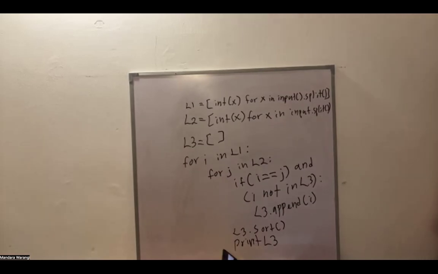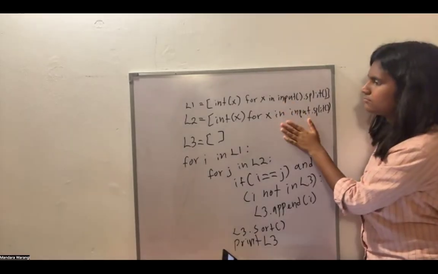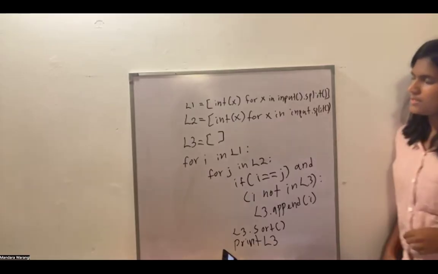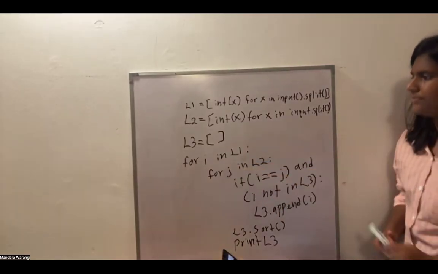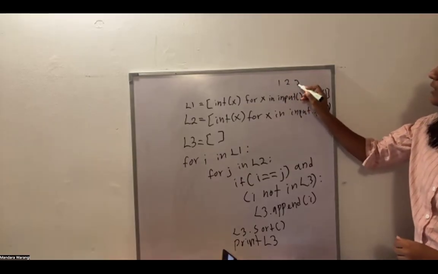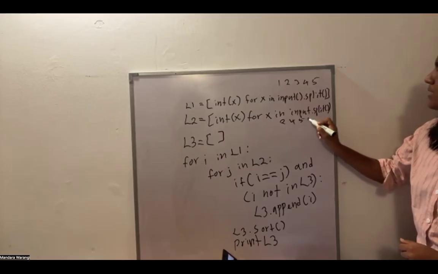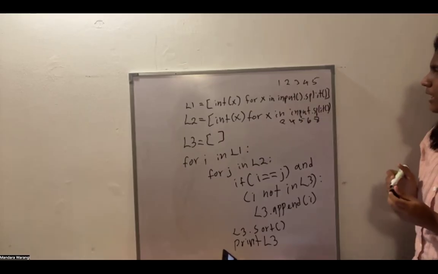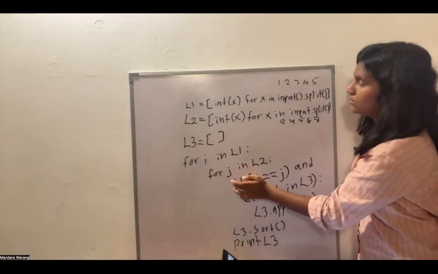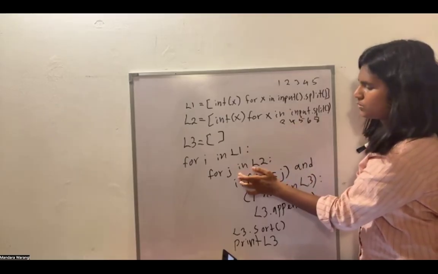First, what you must do is take these two lists. After taking these two lists, we must check the first elements. Say L1 has 1, 2, 3, 4, 5, and L2 has 2, 4, 5, 6, 8. The first element 1 comes here, and the first element in L2, 2, comes here.